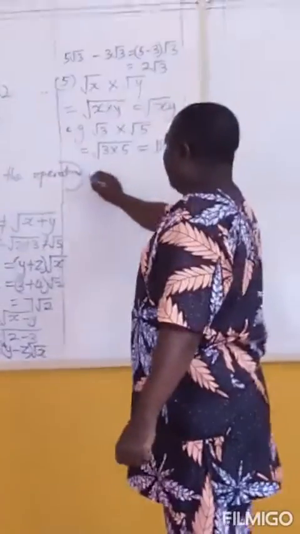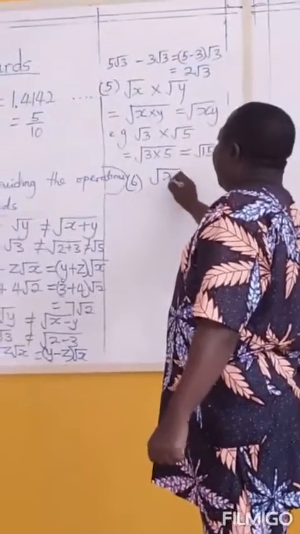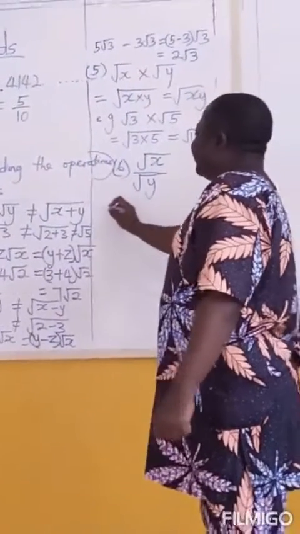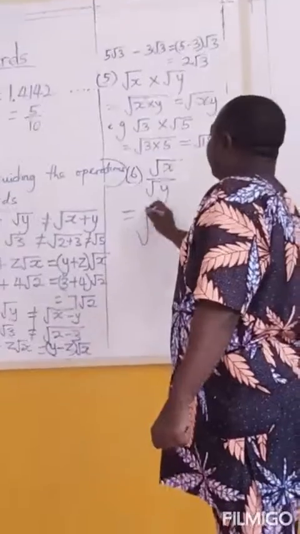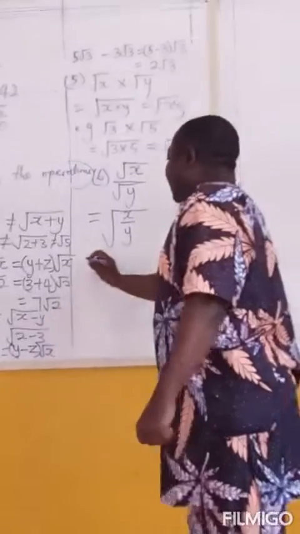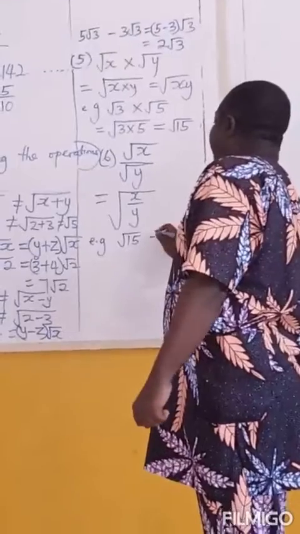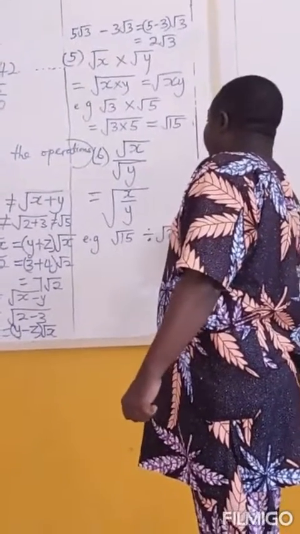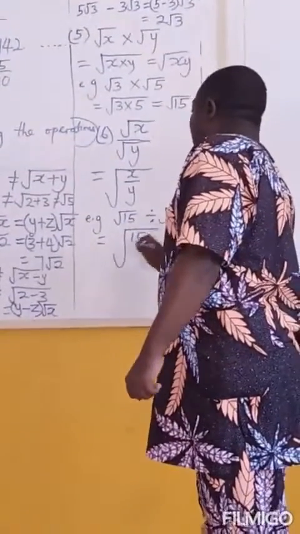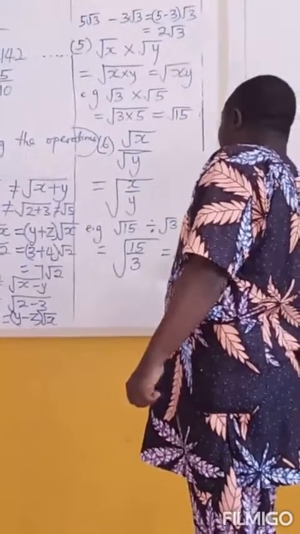Lastly, under division, the rule states that root x over root y is the same thing as root x over y. For instance, root 15 divided by root 3 is the same thing as root 15 over 3, and that is equal to root 5.